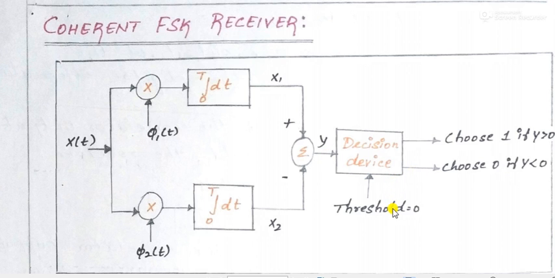The output of the decision device will make the digital information signal. If the correlator output exceeds the threshold, the receiver decides in favor of 1. If the correlator output does not exceed the threshold, the receiver decides in favor of symbol 0. If Y is exactly 0, the receiver makes a random guess in favor of 0 or 1.